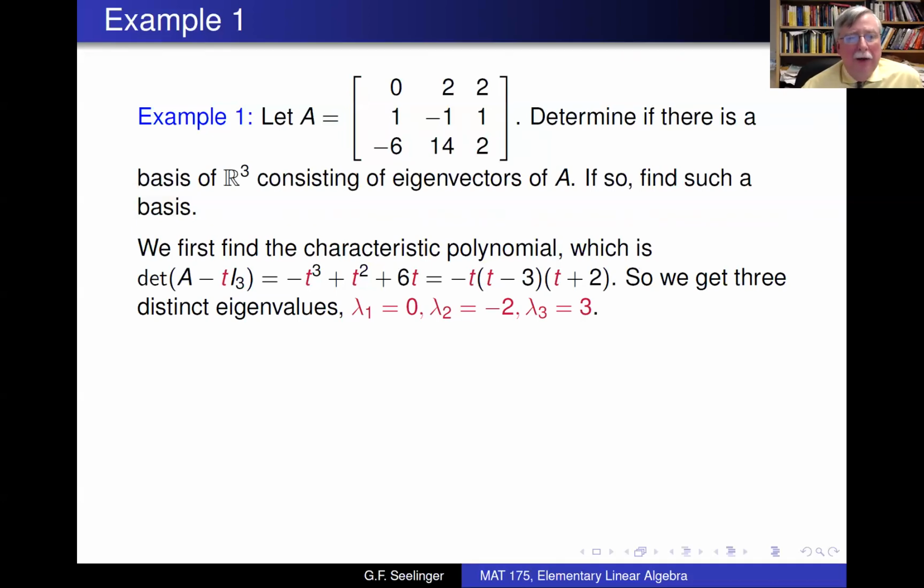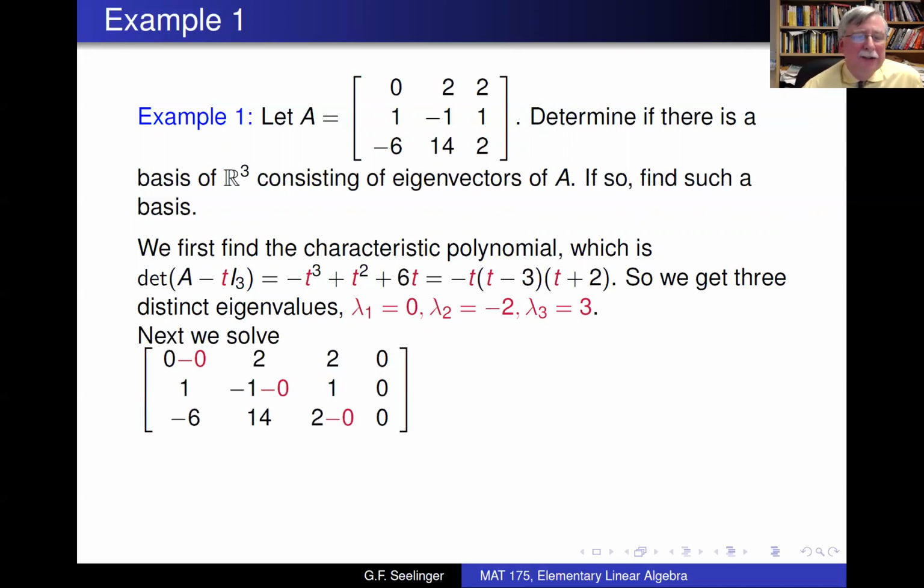Now, what we want to do is find the corresponding eigenvectors, or the corresponding eigenspaces, right? So we want to solve these corresponding homogeneous equations. Since lambda 1 equals 0, I subtract the 0 off of all the diagonal entries, set it equal to 0, and solve the corresponding homogeneous system. We get a reduced row echelon form.